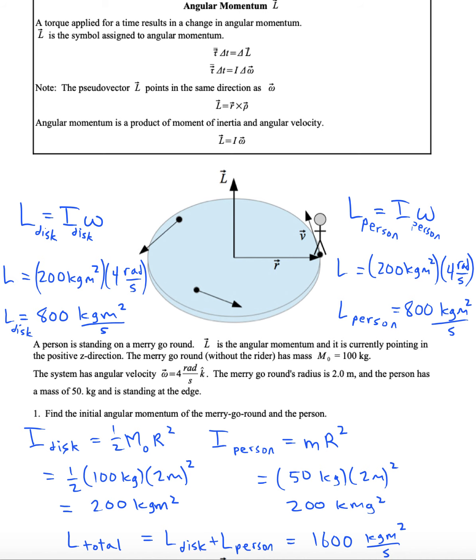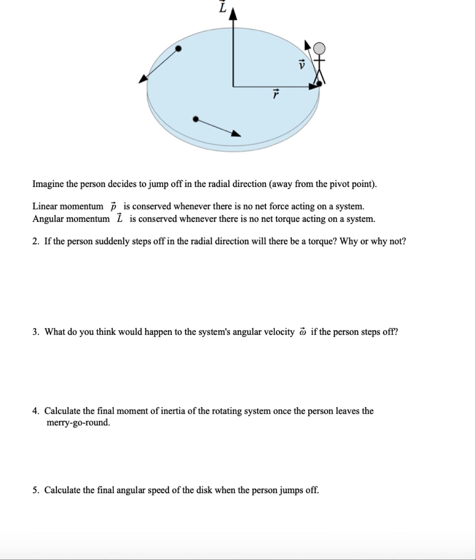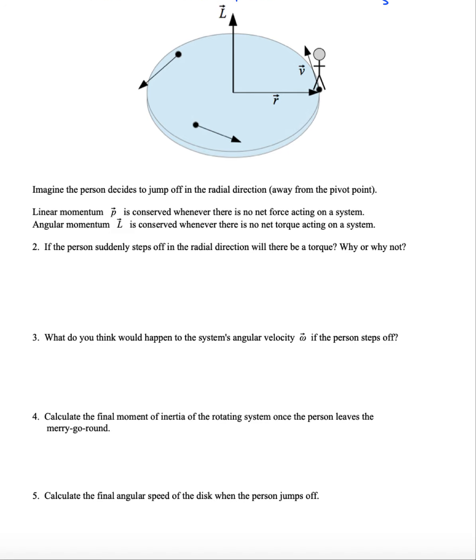So that initial angular momentum quantity is going to be used in the future. Imagine now the person decides to jump off the merry-go-round. They need to do this in a way that doesn't impart a torque to the merry-go-round, so they're going to step off radially away from the pivot point.